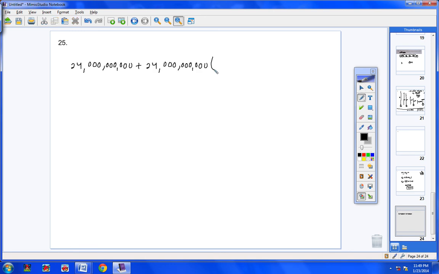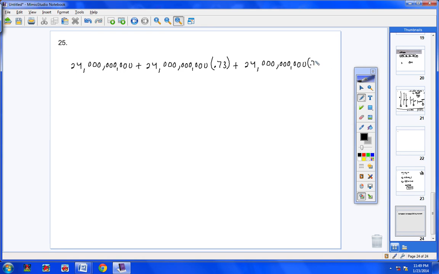Then we take that number times 0.73, and then we would take this number here and multiply it again by 0.73.